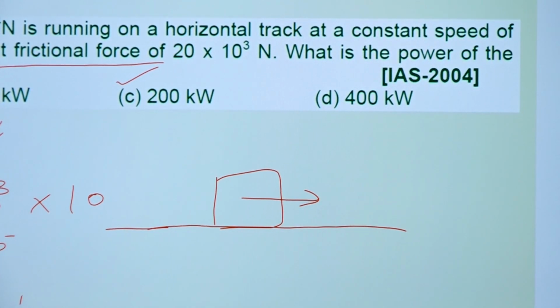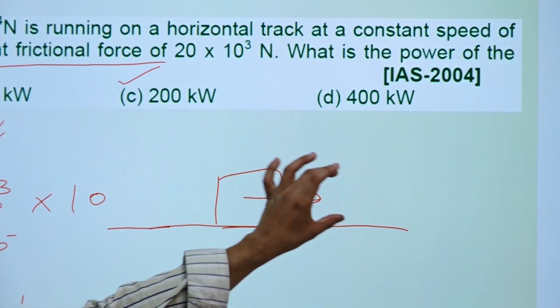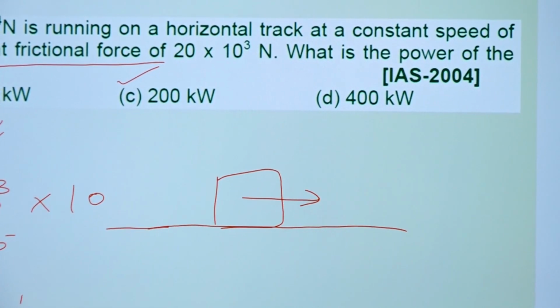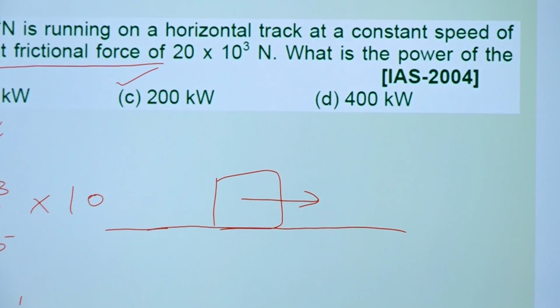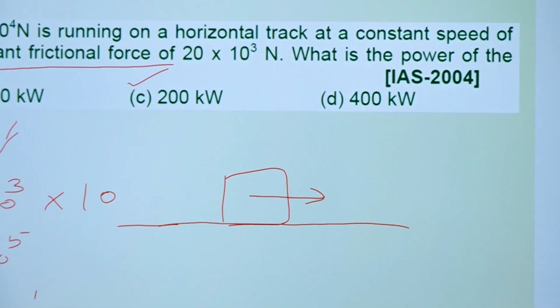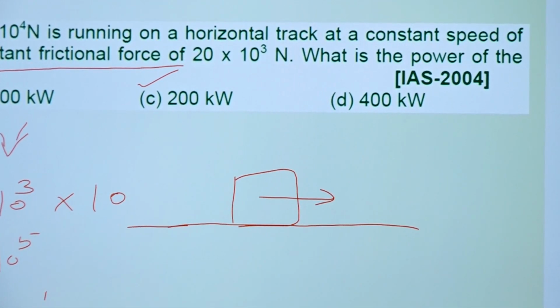Suppose if there is no friction, this body will always move with constant velocity. But if there is friction, then you have to apply some force, you have to lose some of the power to compensate that friction, right? So internally you are going to apply some power to the wheels so that it will counter the friction.